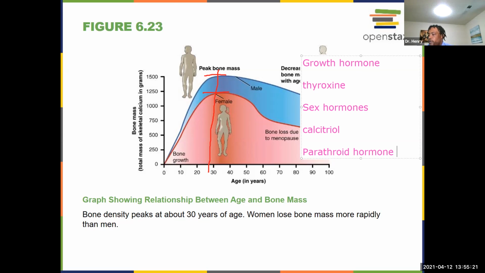So your parathyroid hormone stimulates the osteoclasts, which are responsible for the breaking down and reabsorption of bone. In that case, you're breaking down that matrix and releasing calcium.